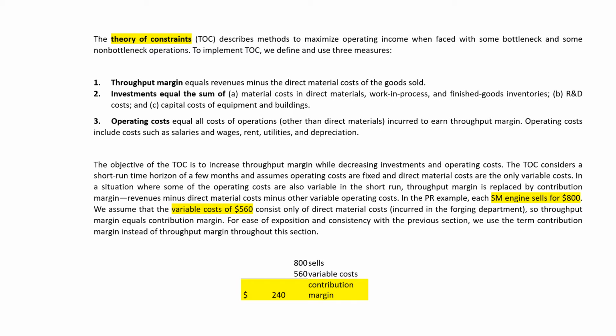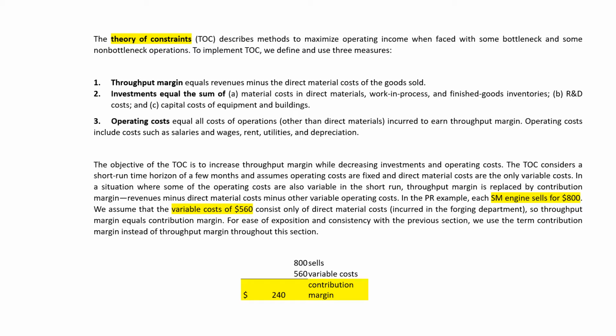First, throughput margin, which is equal to revenues minus the direct material cost of goods sold. Then we have investment, which equals the sum of A, material costs in direct material, work in process, and finished goods inventory; B, R&D costs; and C, capital costs of equipment and buildings.